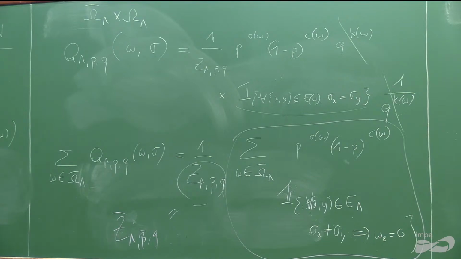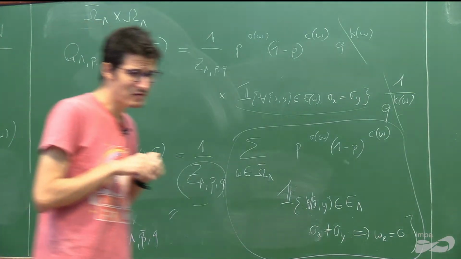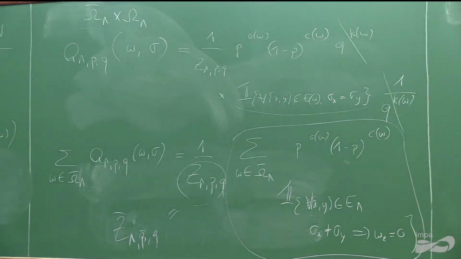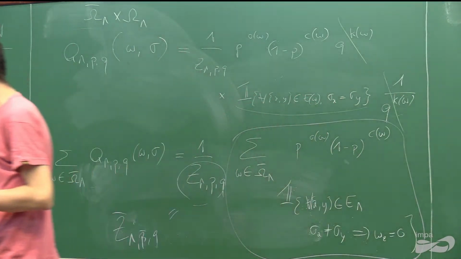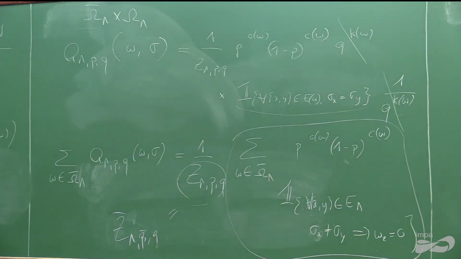But maybe before doing this, just a small remark: this connection gives you clearly a motivation to study FK percolation when q is an integer, but it's also interesting to look at it when q is not an integer, and let me give you an example of this.